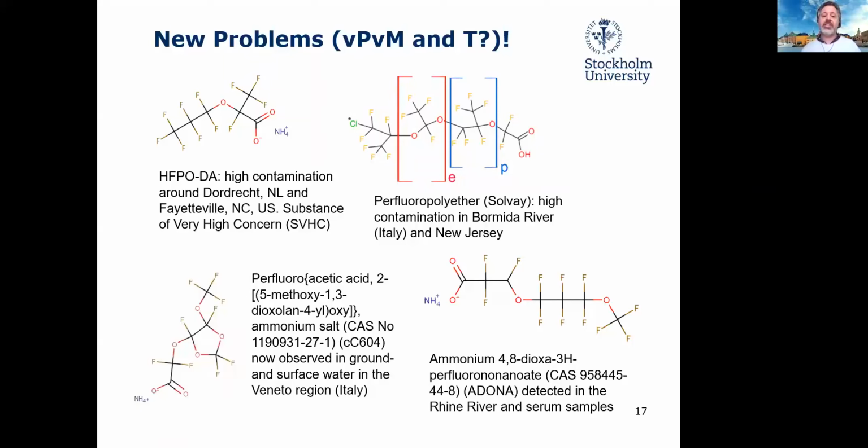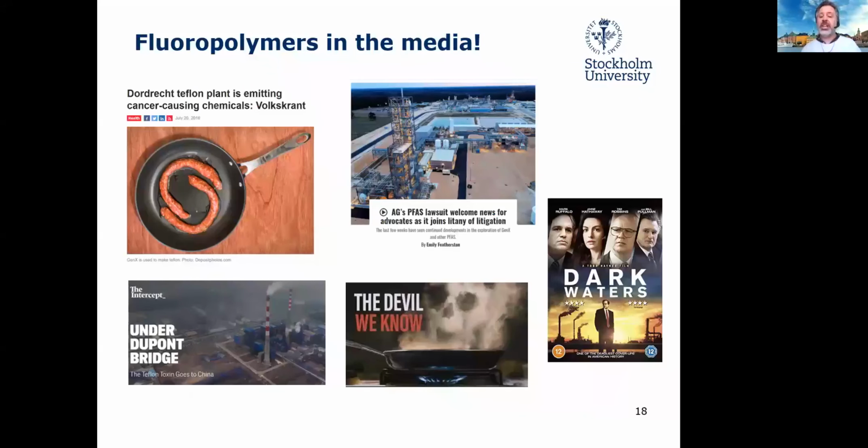Like the HFPO dimer acid, which is sometimes called GenX, on the top left, we're starting to see contamination of all of these alternative processing aids around the plant, and people getting very, very upset about their drinking water being contaminated and worried about the risks from these alternatives. And you're seeing it in the news more and more. If you look in the media, you can see these papers that are coming out.